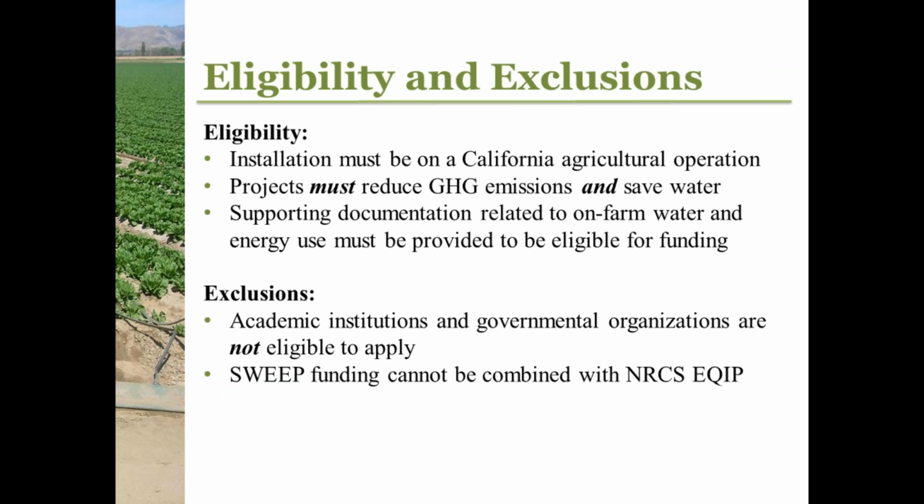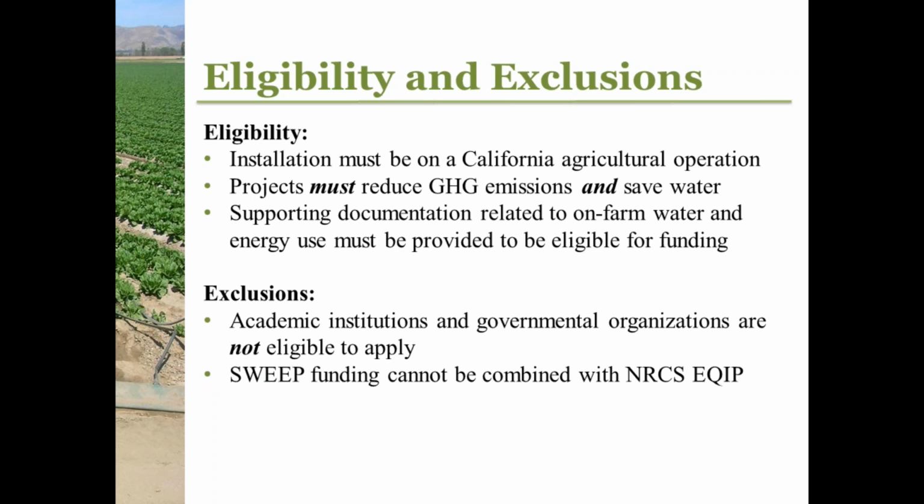Just a few exclusions with this program. I want to point out that academic institutions and governmental organizations are not eligible. Only individual ag operations are eligible to receive funding under the 2017 SWEEP program. Also, for those who are familiar with USDA NRCS EQIP funding, SWEEP funding cannot be combined with that program. We still encourage you to apply for both programs if you choose and are eligible.